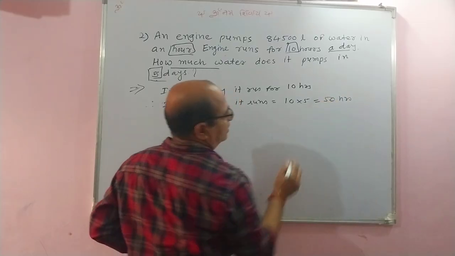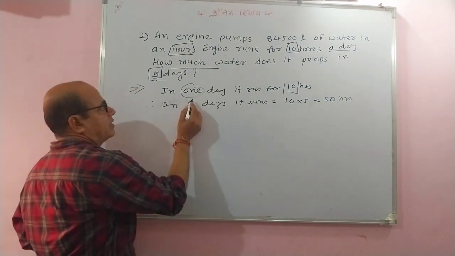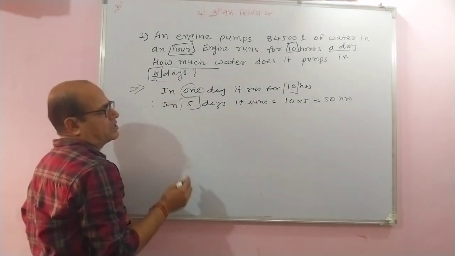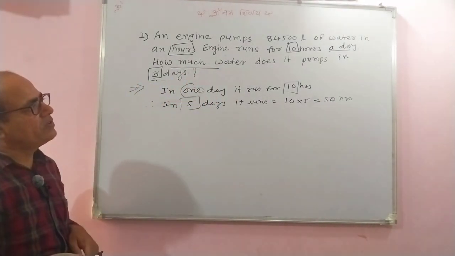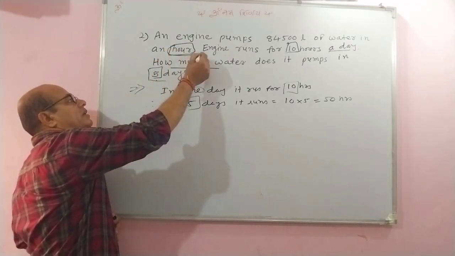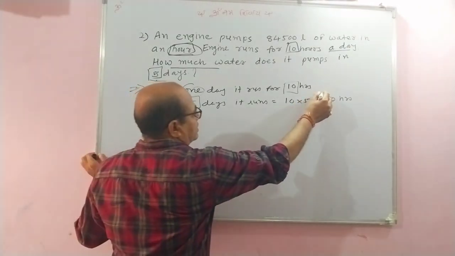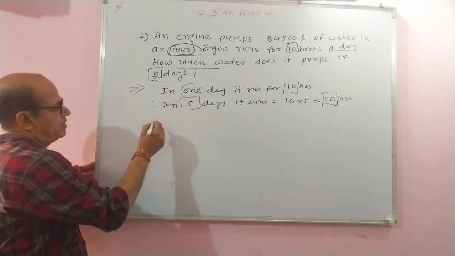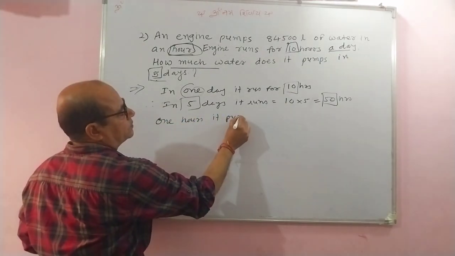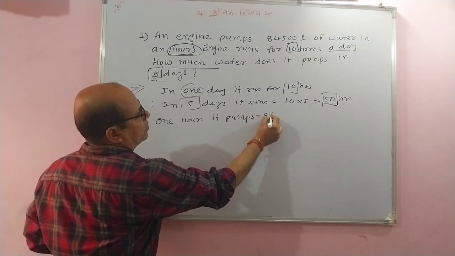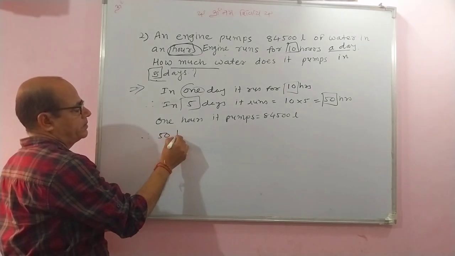So it will run 50 hours, because for one day it runs 10 hours and we have to run it for 5 days. Now the engine pumps 84,500 liters of water in 1 hour, and we have to work for 50 hours.